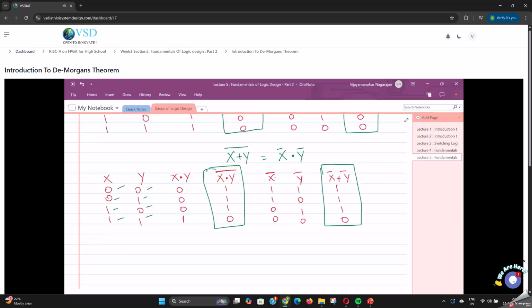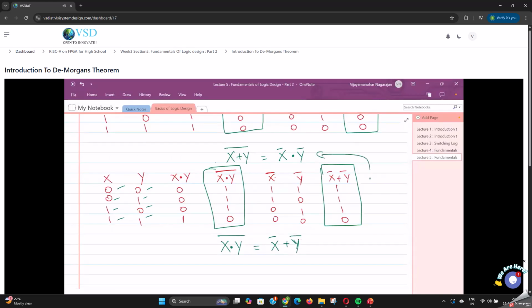For every possible input combination, this and this are giving the same output. It is not that for a few input combinations their outputs match and for a few they do not. Not that way. For every possible input combination their outputs are matched. So I can say X dot Y the whole bar is X bar plus Y bar.